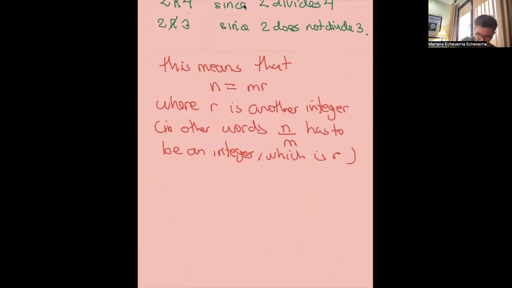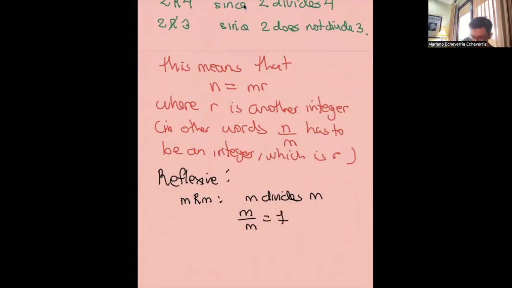So let's check that this is reflexive. Is it true that m is related to m? That means that m divides m. And that's true because m over m equals 1, which is an integer.